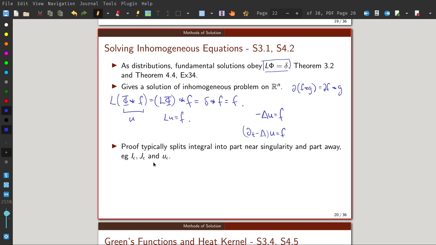It writes down, using this idea, what the solution should be, and then checks directly that this does solve the partial differential equation as claimed, without worrying about distributions so much. So how does it do this?